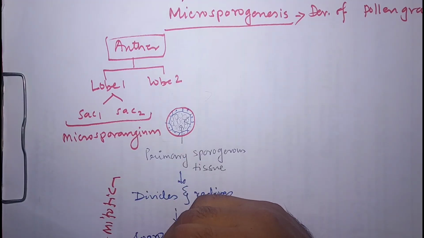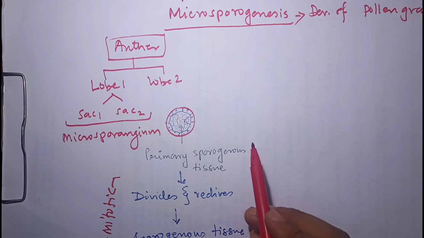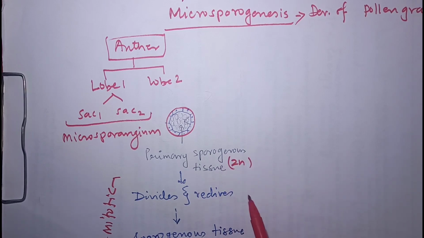Okay, so when they are dividing mitotically, the number of chromosomes will remain the same, that is, they are diploid, right?